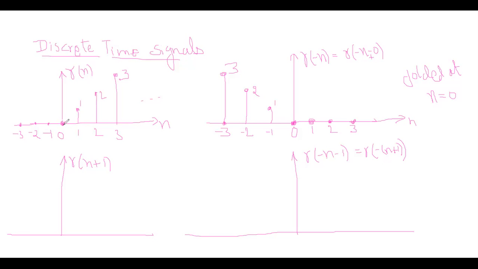Advanced means the value of r of n at n equal to 0 will appear at minus 1, and the value at n equal to 1 will appear at 0.